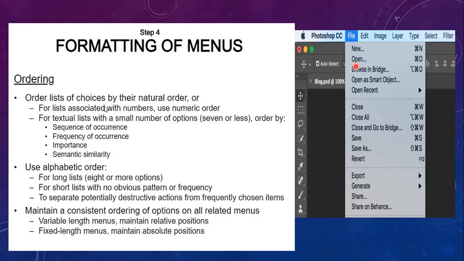It also enhances the user's ability to anticipate the choice's location. So you will understand exactly where a particular menu item will be when you learn the menu, and you will know exactly which location to place the item in the menu order.